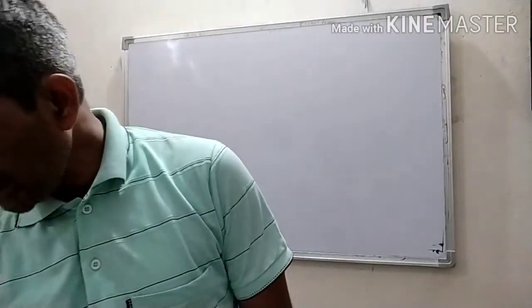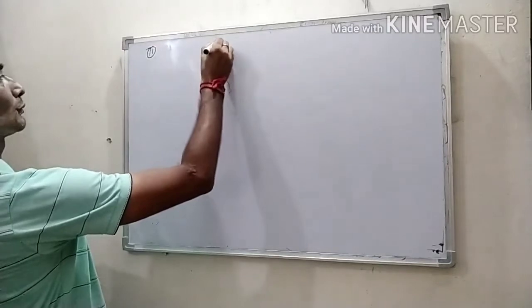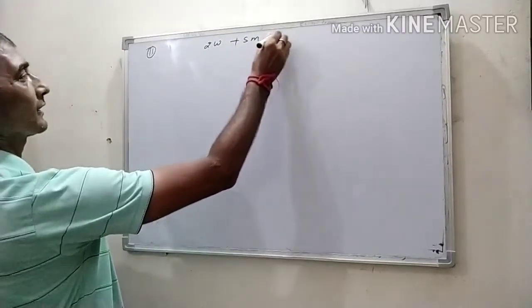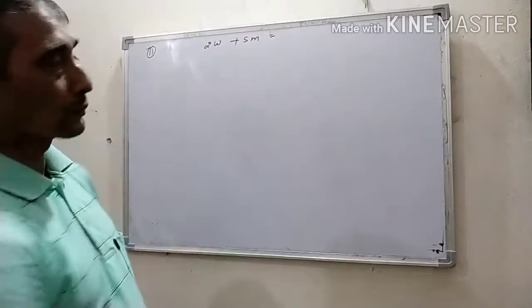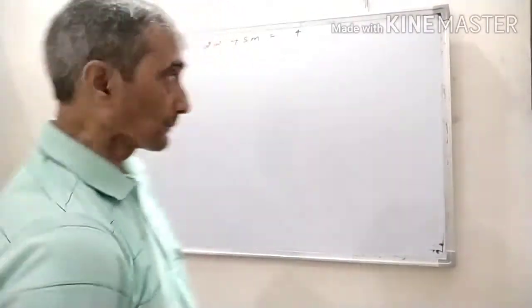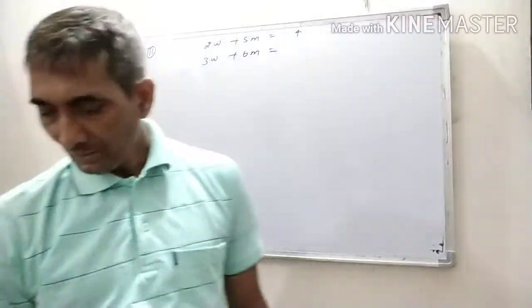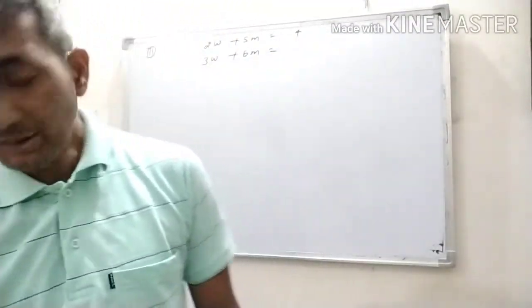Second part is: 2 women and 5 men can together finish an embroidery work in 4 days. 2 women plus 5 men can finish the work in 4 days, while 3 women and 6 men can finish this work in 3 days.